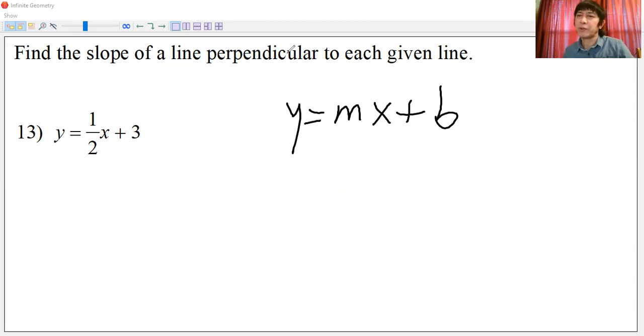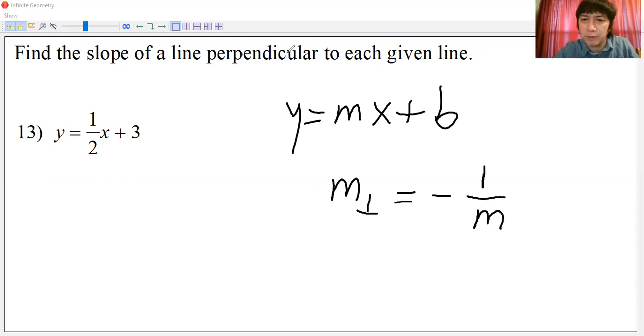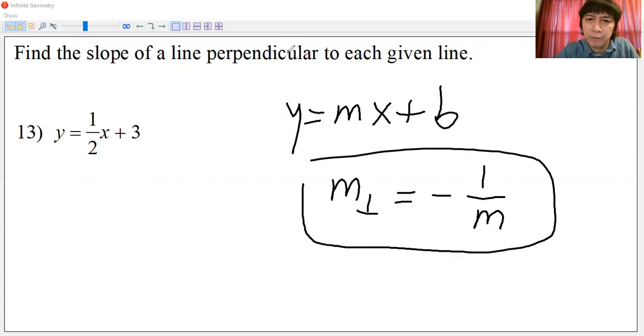But if you're after the slope of the line perpendicular to this, the slope of the perpendicular is the negative of the reciprocal. Here is the formula. It's the negative reciprocal.